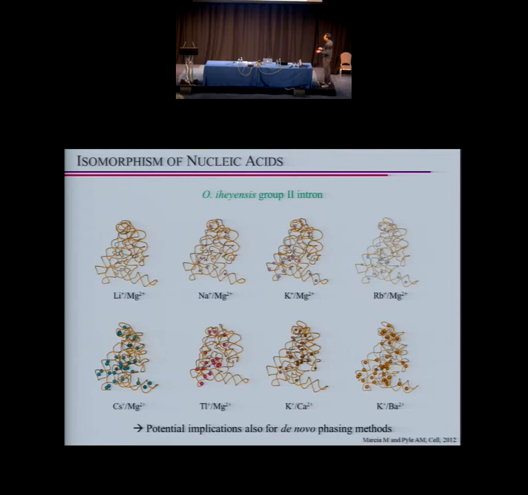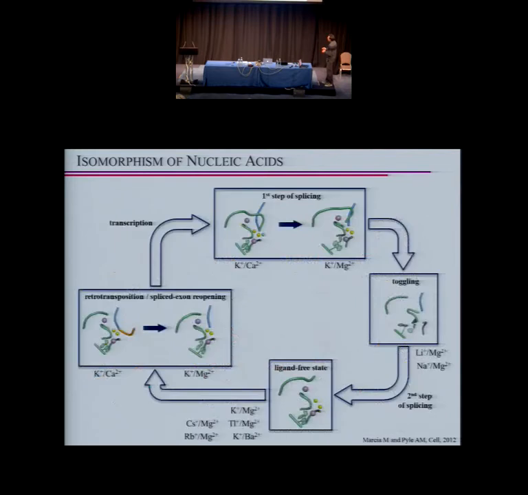And I must say, I was very interested in hearing yesterday about the progress of long wavelength data collection that may allow not only approaching studies using phosphorus anomalous scattering, but also potassium and calcium, which are very crucial physiological ions that play an important role in group 2 intron for sure, and possibly in general in large non-coding RNAs.